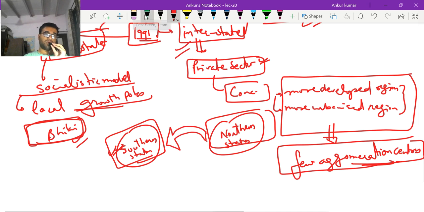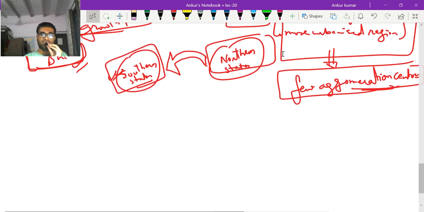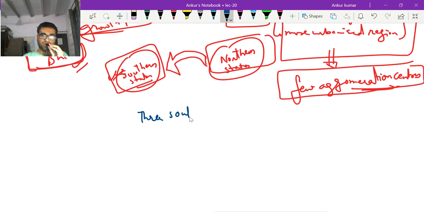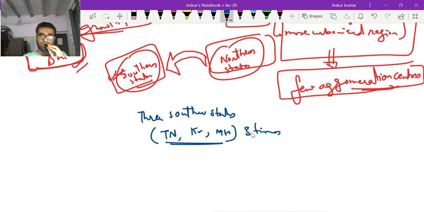Okay, now there was an article in a newspaper. If on that basis we more generally quantify this, the three southern states, that is Tamil Nadu, Karnataka and Maharashtra, are three times more developed than the three states of UP, Jharkhand and Bihar.